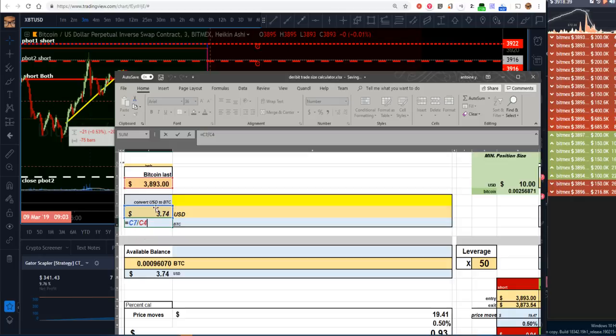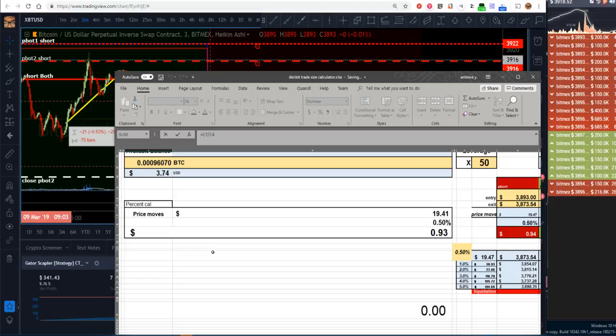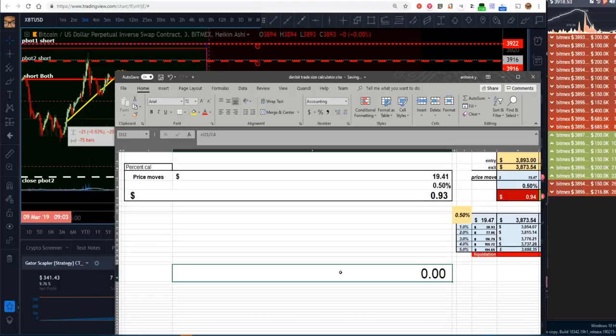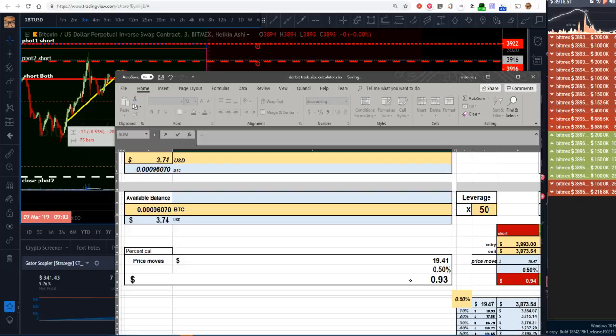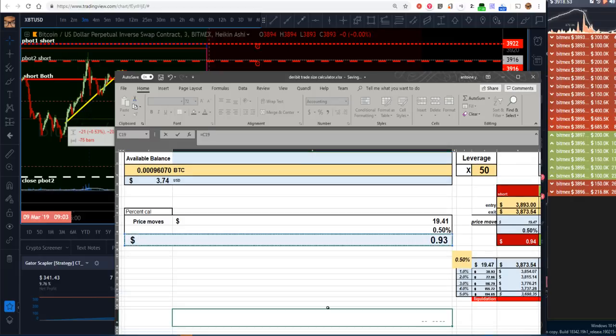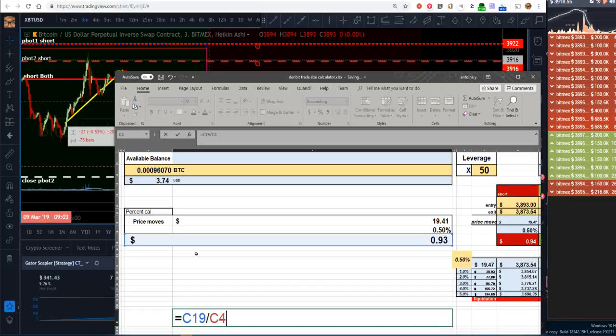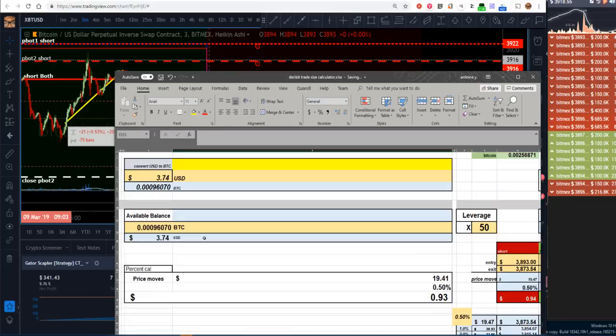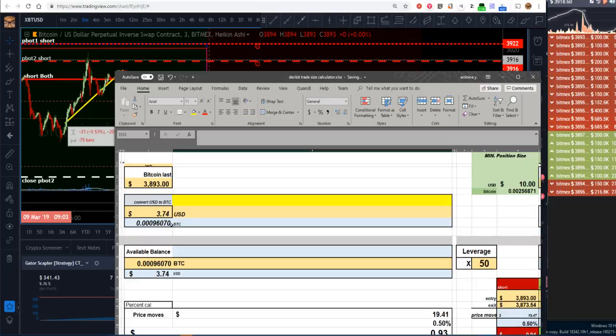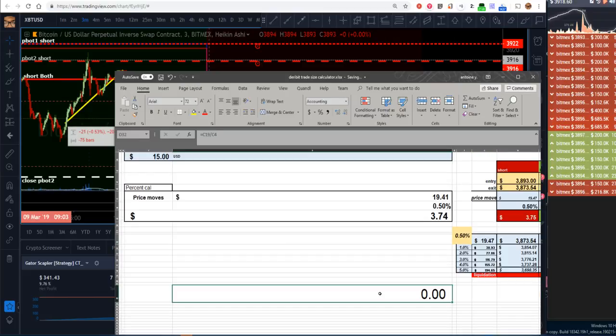C4 divided by C4. No, why can't you do that over here? Let's see. Divided by something weird about that price that I was referencing. So let's put this back to 15 bucks. All right.